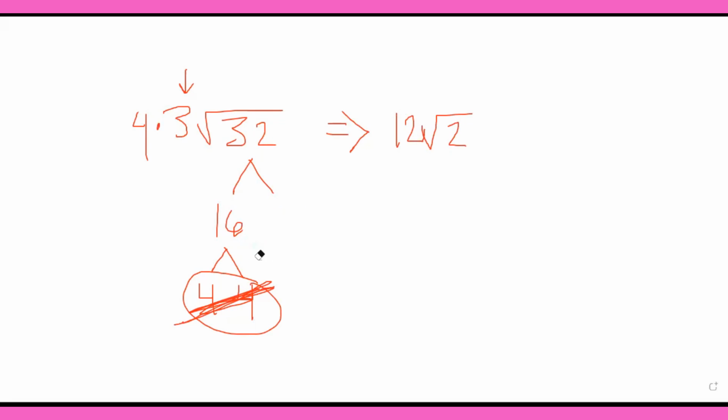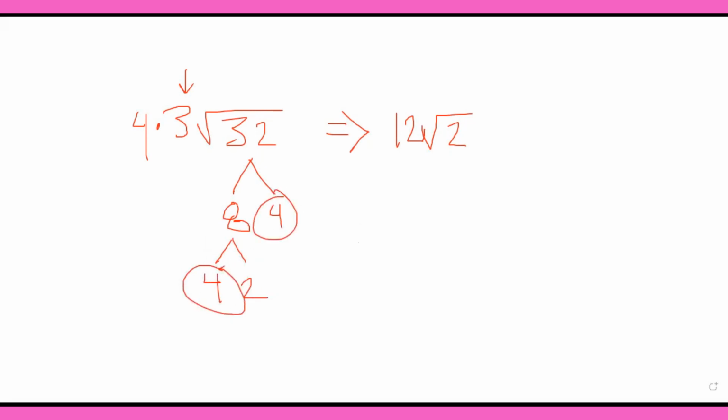And same thing, if I had started with those other factors, it doesn't matter where you start. So if I could only think of 8 and 4, I can just keep going. So this would be 4 and 2. I could stop there and see my two 4's. Or if I didn't recognize that, I could keep going and see all of the 2's.